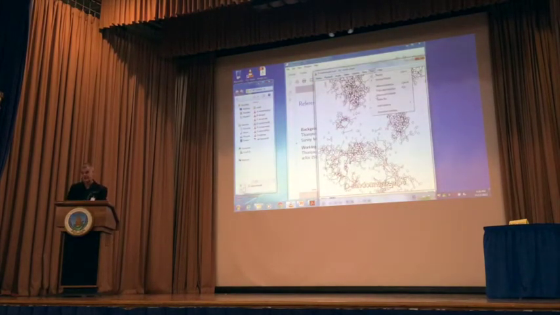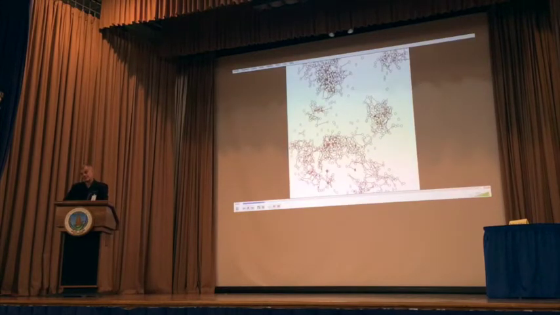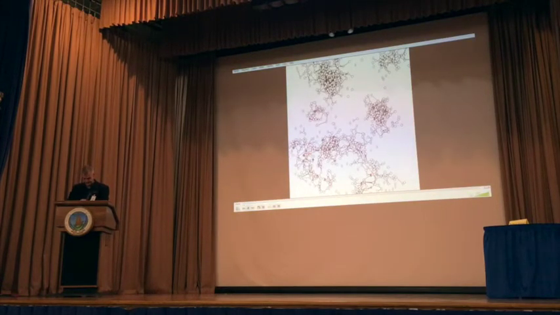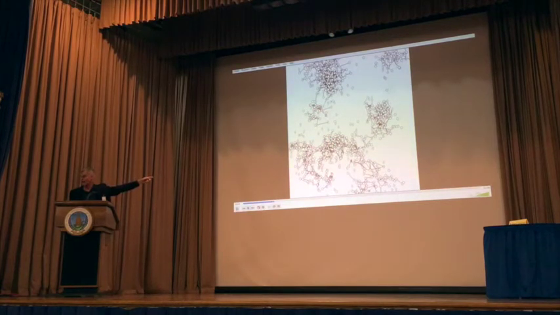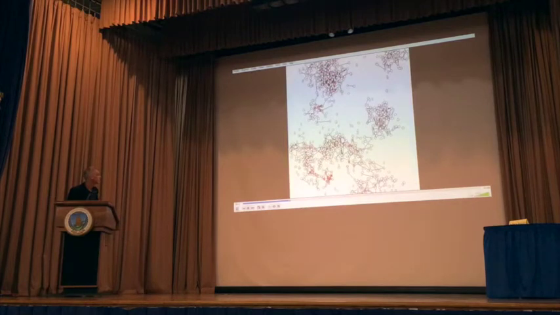If I run out of time, I can cut these off, but I think there's about 3 more. Here, in contrast, are 20 random walks through a dynamic network, and here I'm averaging them.